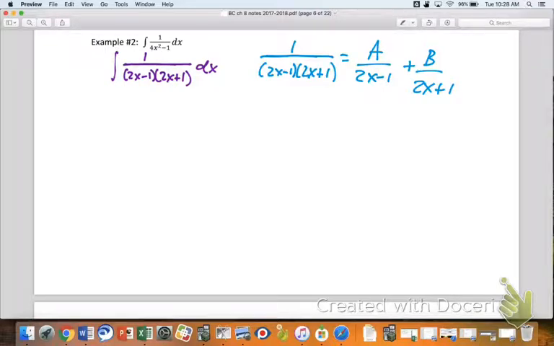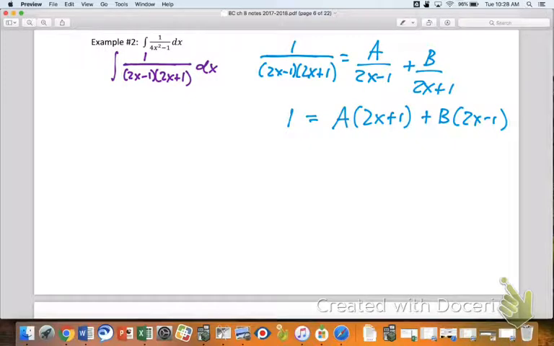If you put your A over 2x plus 1, whereas I put my A over 2x minus 1, that means some of our little details in between are going to look different, but in the end it should be the same. Okay? So then if I multiply through to get rid of my denominators, I end up with 1 equals A times 2x plus 1 plus B times 2x minus 1, once I clear out those fractions.